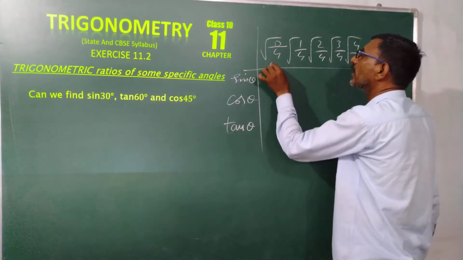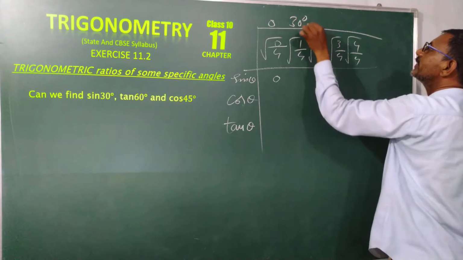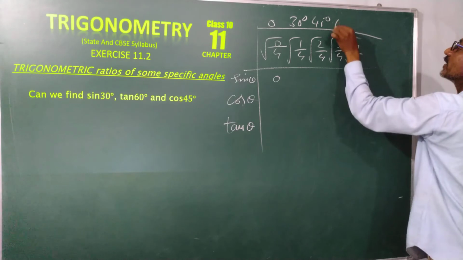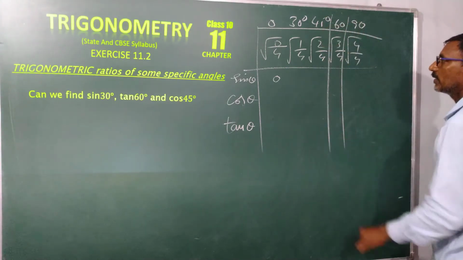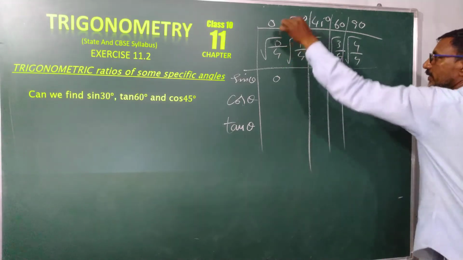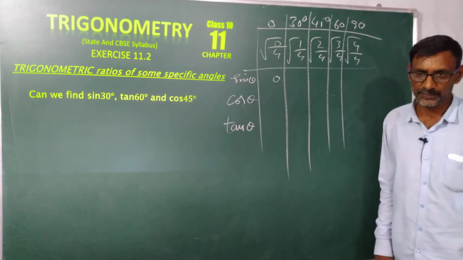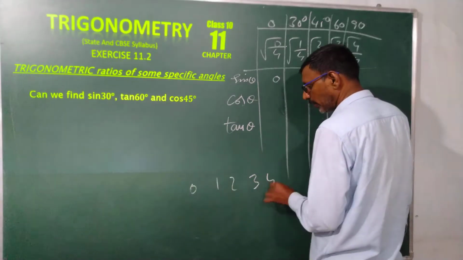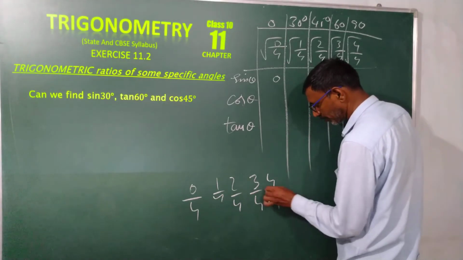For sin, here I would like to write 0 degrees, 30 degrees, 45 degrees, 60 degrees, and 90 degrees. So sin 0 degrees value is 0. Very simple. Keep in mind 0, 1, 2, 3, 4, divided by 4.